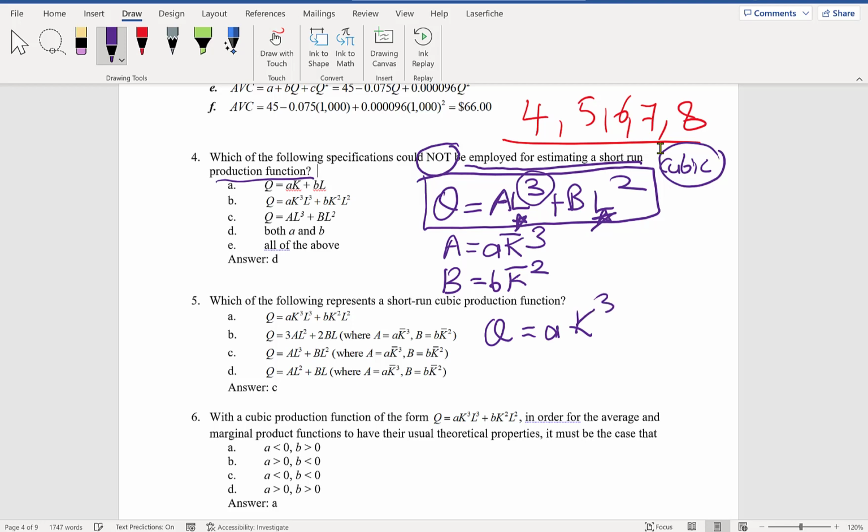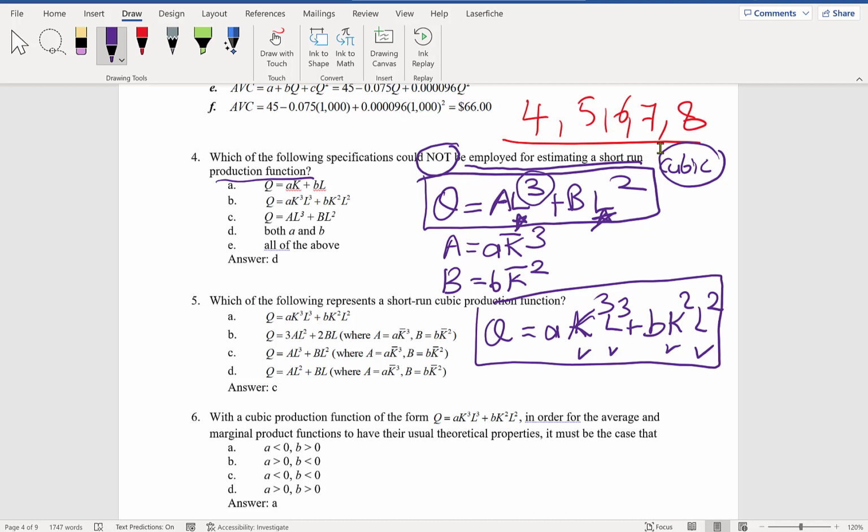K raised to the power 3, L raised to the power 2. So this is the general form. This is the cubic production function. In this production function, both K and L are variable. That means you can change according to this form. You can vary both capital and labor.